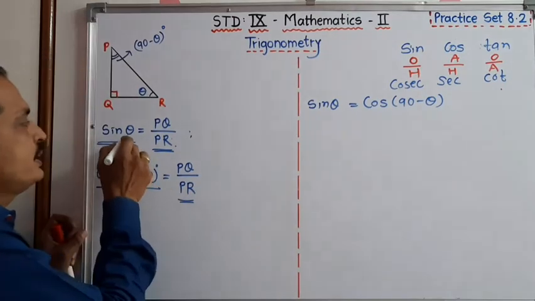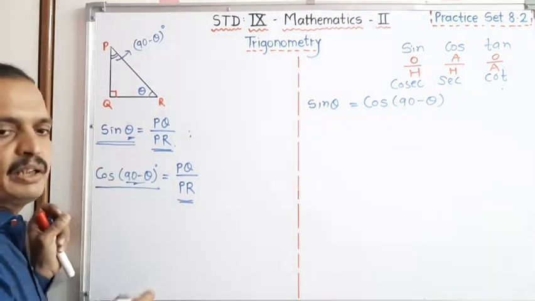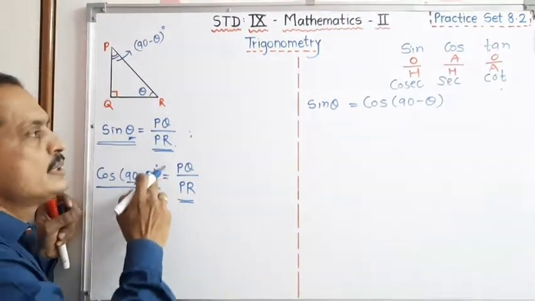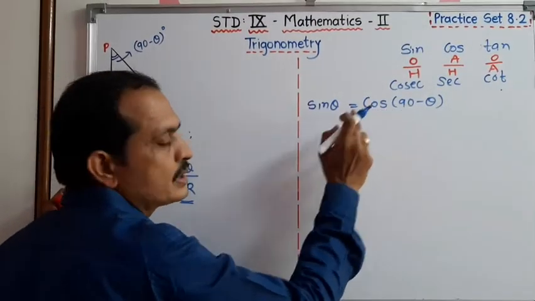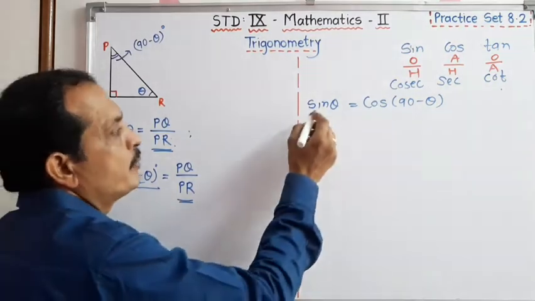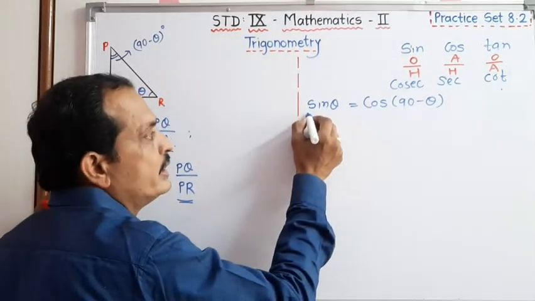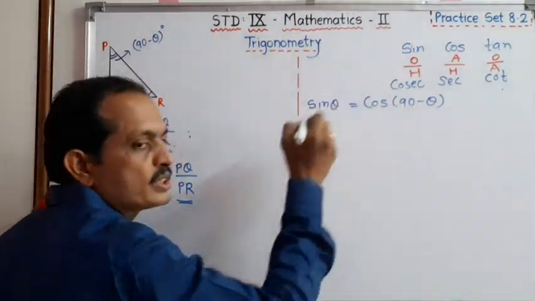That means the values are same. Therefore sin theta is equal to cos 90 minus theta. That means we can convert this sin theta in the form of cos.